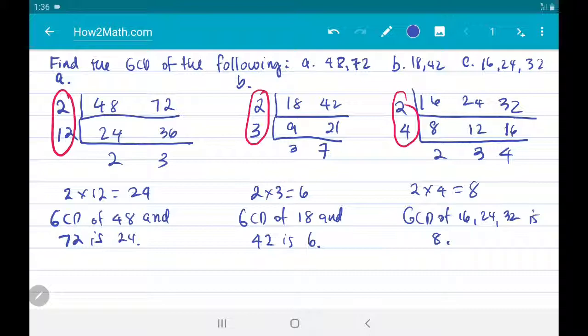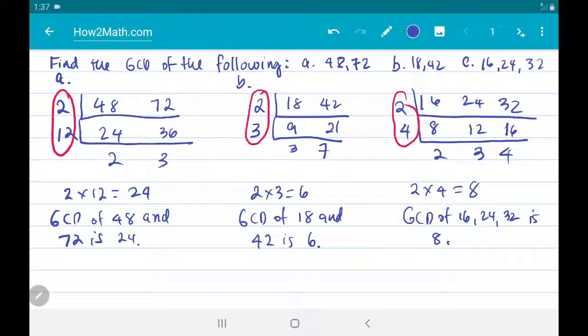Okay, so again, I would like to point out the difference between the ladder method in LCM and the GCD. In the LCM, you divide the numbers by prime numbers, and then you multiply all the numbers. But in the ladder method of GCD, you just multiply the common divisors.